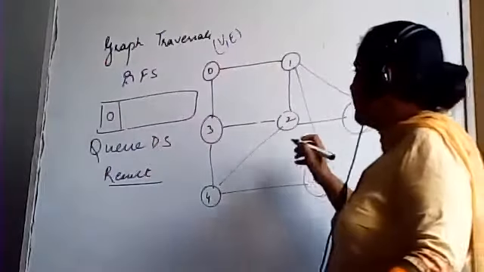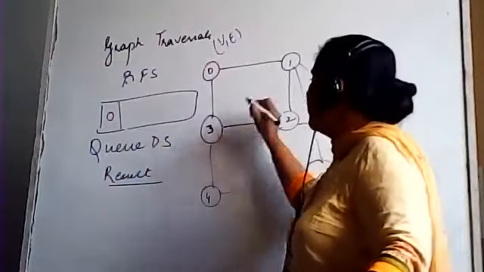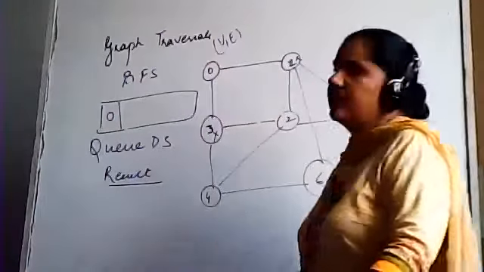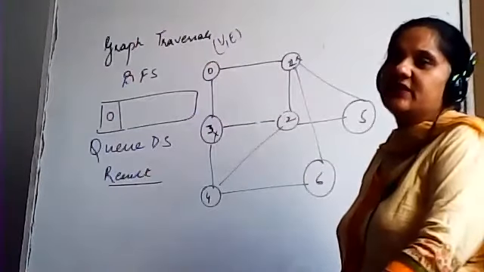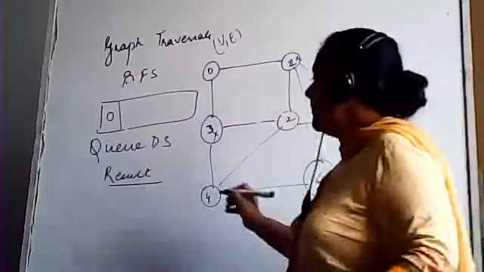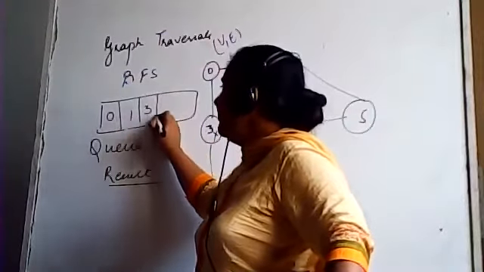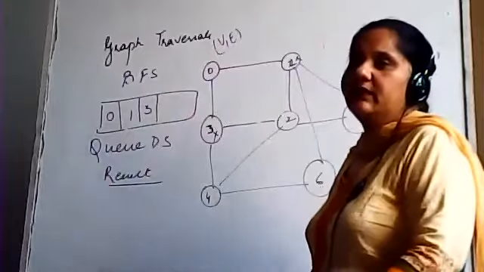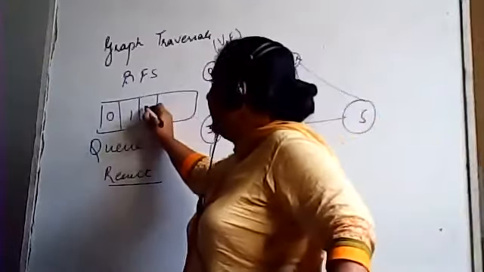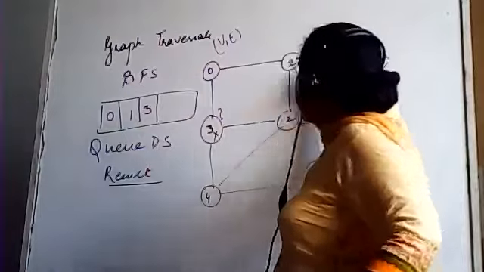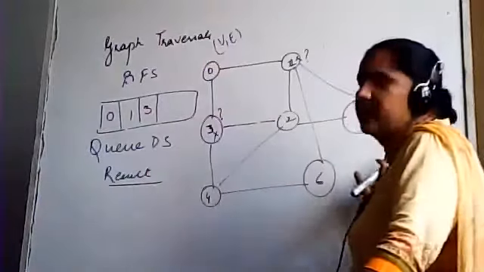Now adjacent to vertex 0, which vertices are there in this graph? 1 and 3, there are two vertices which are adjacent to 0. So we will push both vertices in the queue. We will not see the rest of the vertices.